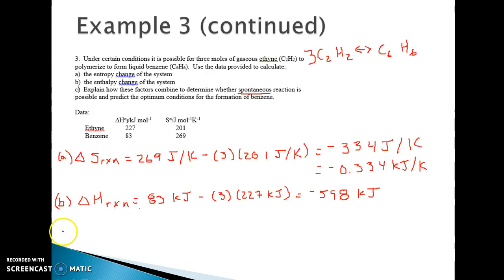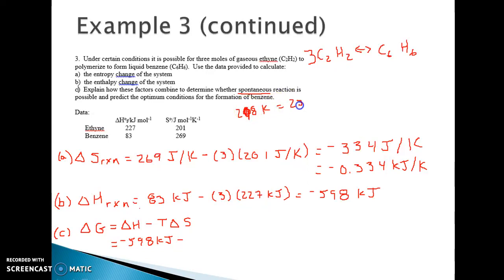And now I'm going to proceed on to part C, which asks me about the spontaneity of this reaction. So the thing that relates these two things into spontaneity is this equation right here. So if delta H is negative 598 kilojoules, we're trying to calculate the delta G. The temperature for all of these is 298 Kelvin.